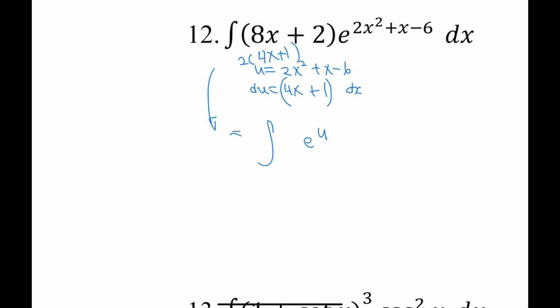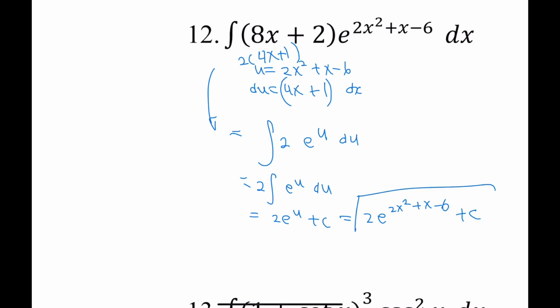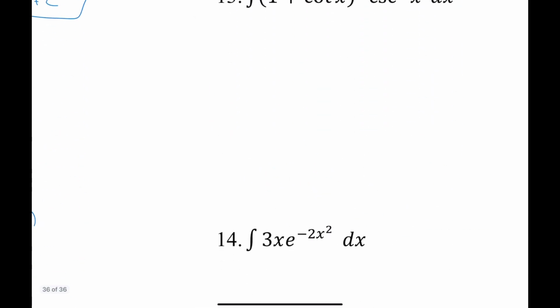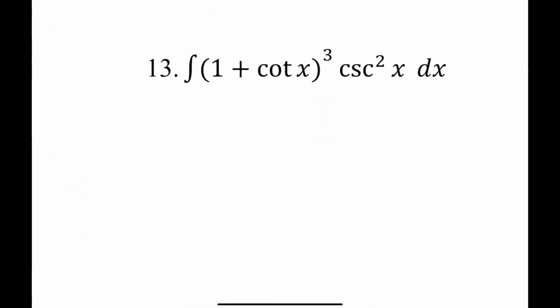So we're going to have 2 times du, right? And 2 can go outside, so 2, and then e to the u du is basically just 2e^u plus c, or 2e to the (2x squared plus x minus 6) plus c. This is our answer for 12, and then last 2 questions.